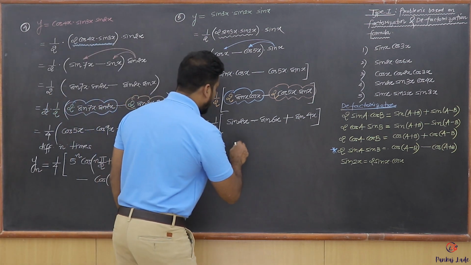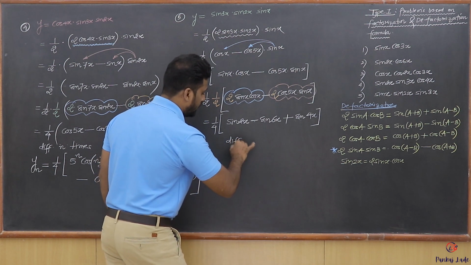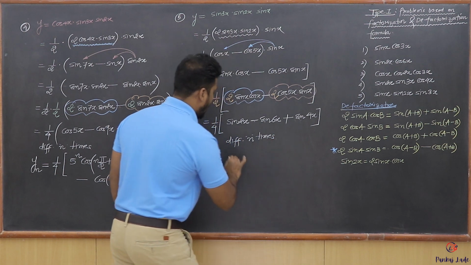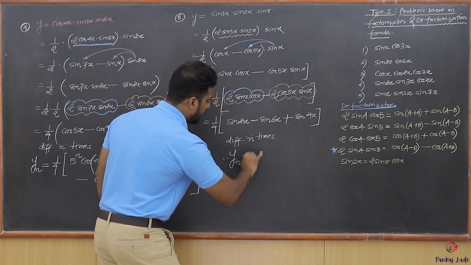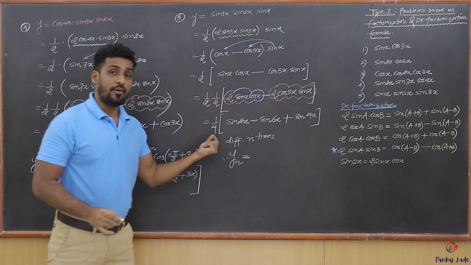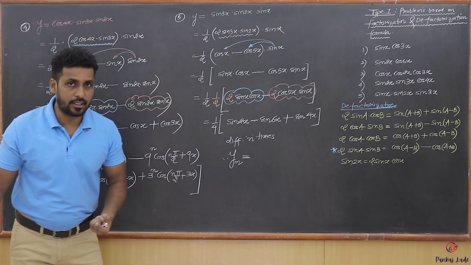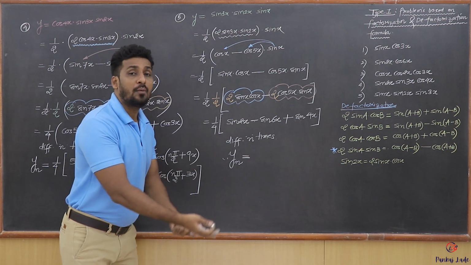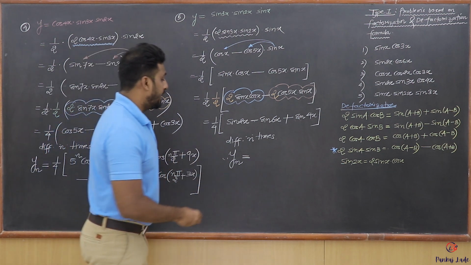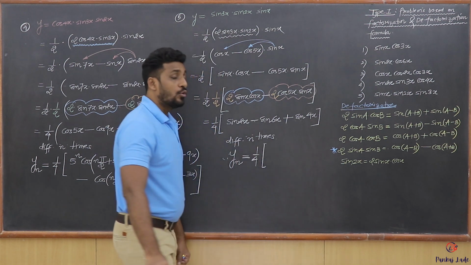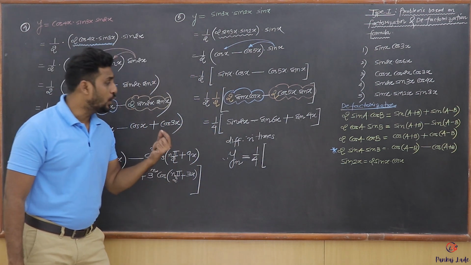So I'm going to write here differentiate n times, isn't it? Differentiate n times. So I get yn is equal to, nothing happens to the 1 by 4. You differentiate any number of times, the constant term always goes outside the derivative. So this 1 by 4 I'm going to bring outside the derivative. So I write 1 by 4, and then can you now tell me the nth derivative of sine 2x?